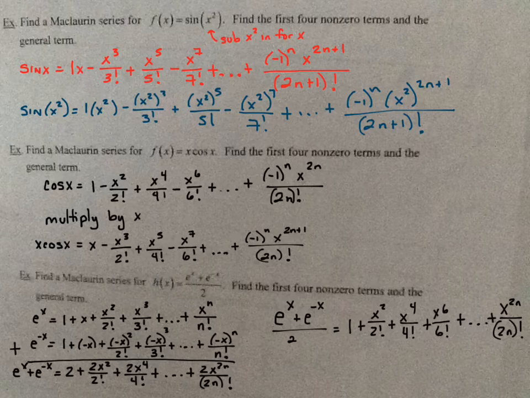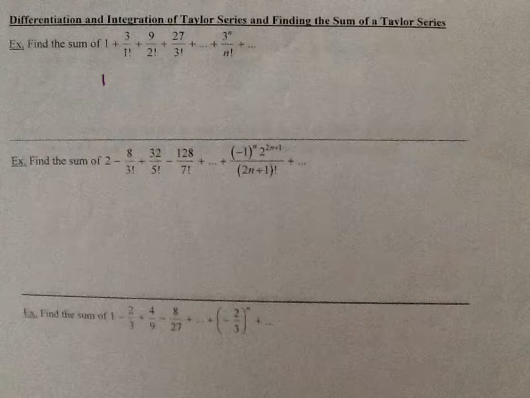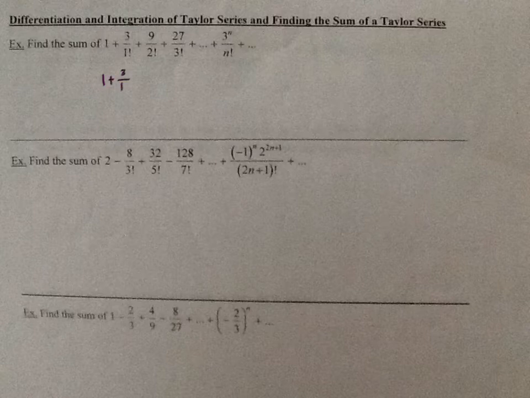Alright. Now, the hardest part of these Taylor and power series is what we're doing next, when we differentiate and integrate them. So, if you look at this series right here, it kind of looks like 1 plus 3 over 1 factorial plus 3 squared over 2 factorial plus 3 cubed over 3 factorial plus 3 to the n over n factorial.